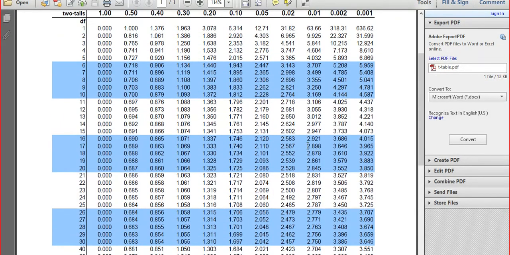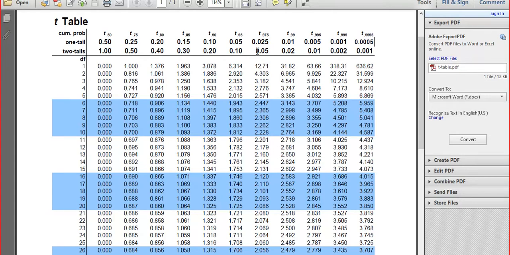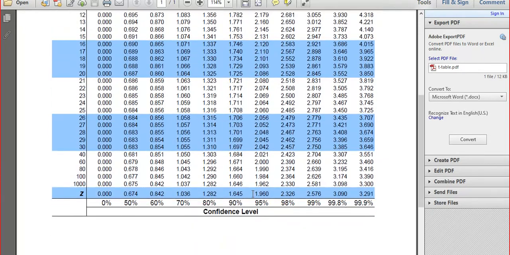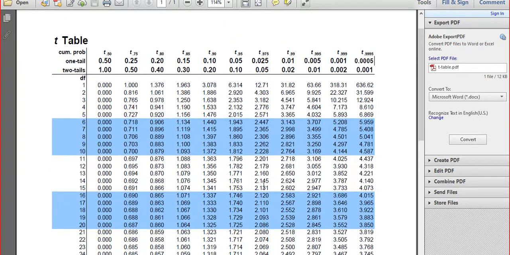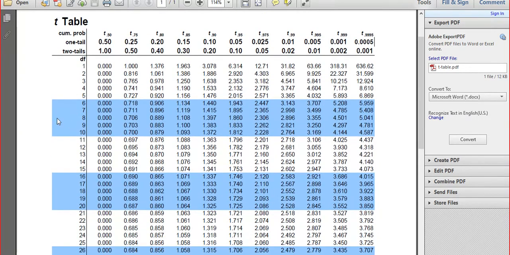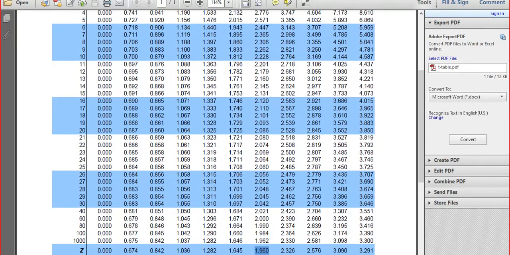Now in place of 1%, if the level of significance is given as 5%, then you will look at the value along this row and it would be 1.96. So this is how you find the value from the table. For the t-test, I will explain later while solving the questions of t-test.